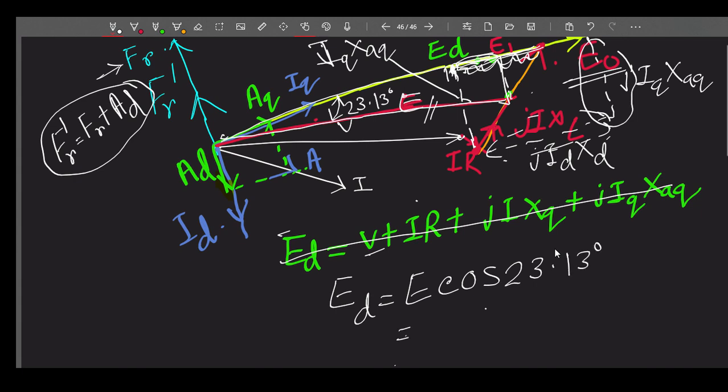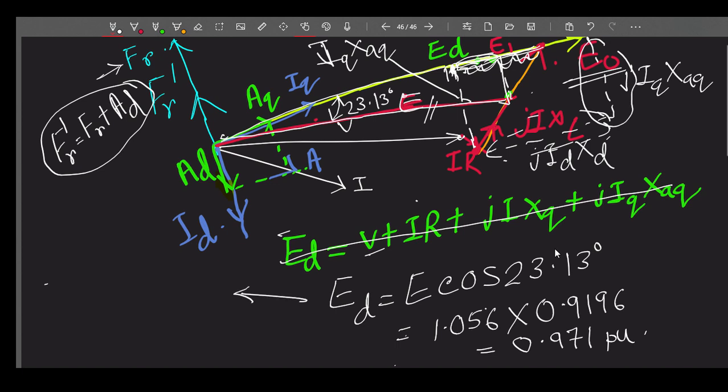E is known to us, so ED becomes 1.056 into cos 23.13, that is 0.9196. So this gives us, so this in volt will be how much?